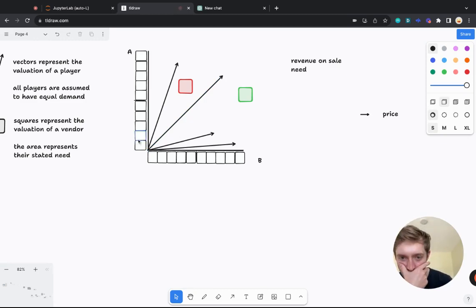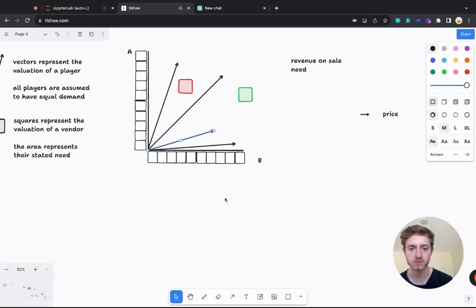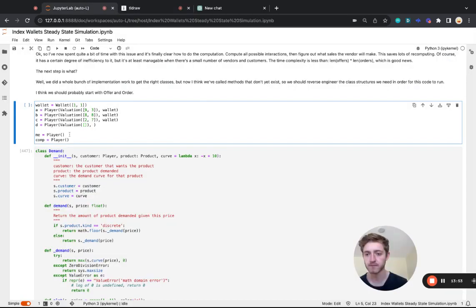This is about 2 and 7. And we'll do 1 and 9. So there's the valuation of all of our different players.